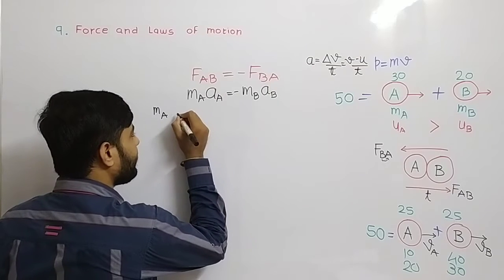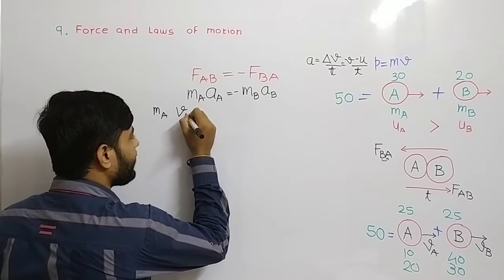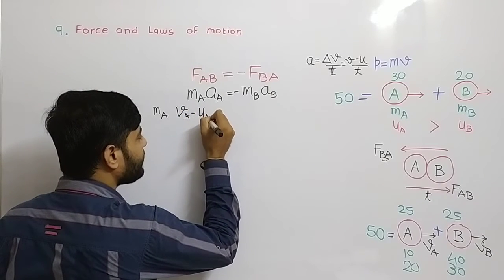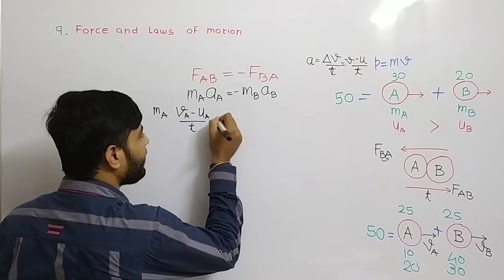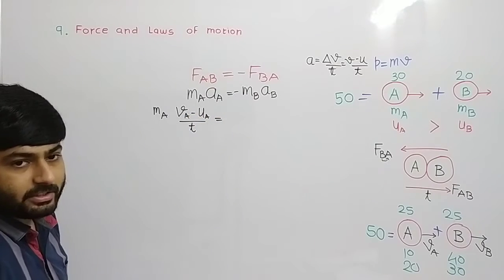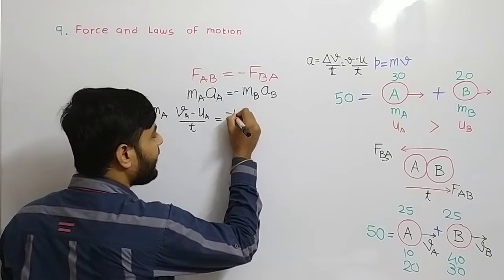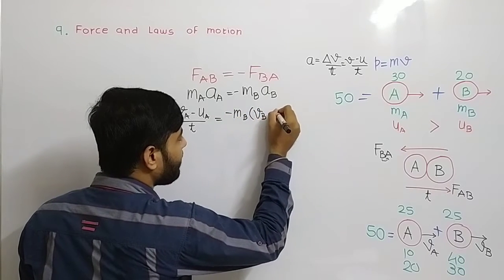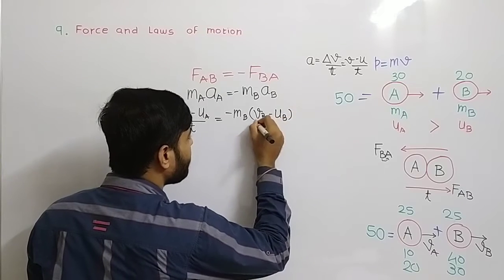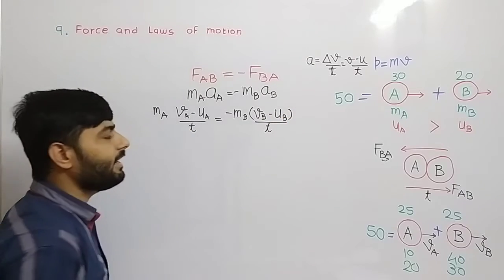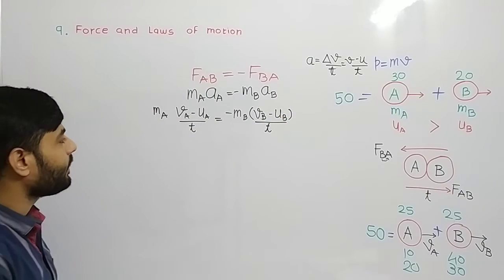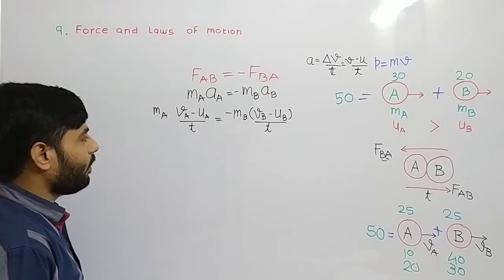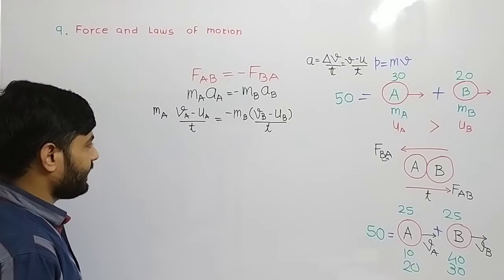What is change in velocity? Change in velocity is final minus initial, divided by T. So I can write here (VA minus UA) divided by T is equal to minus MB (VB minus UB) divided by T. So I hope you can understand.